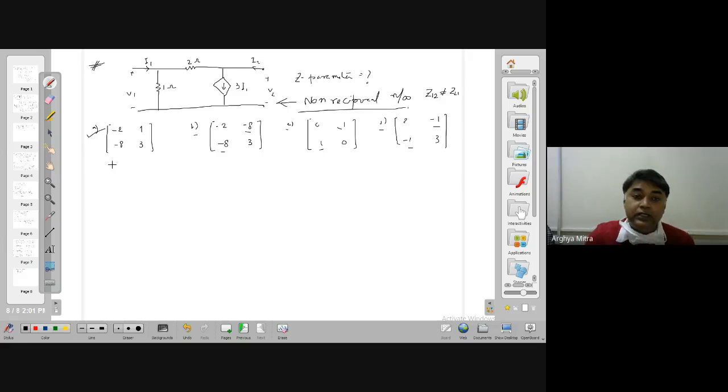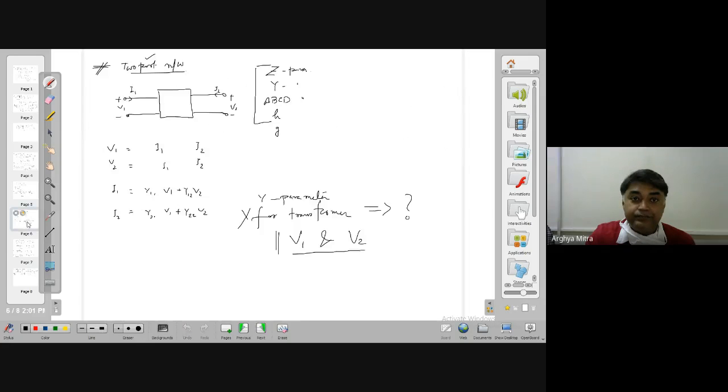By writing V1 equal to Z11 I1 plus Z12 I2 and V2 equal to Z21 I1 plus Z22 I2. Then you put I2 equal to 0, and you get Z11, which is V1 by I1, and Z21, which is V2 by I1.